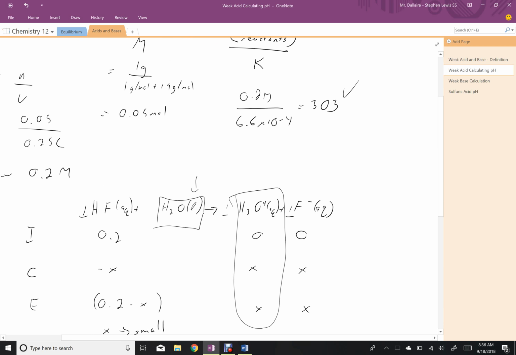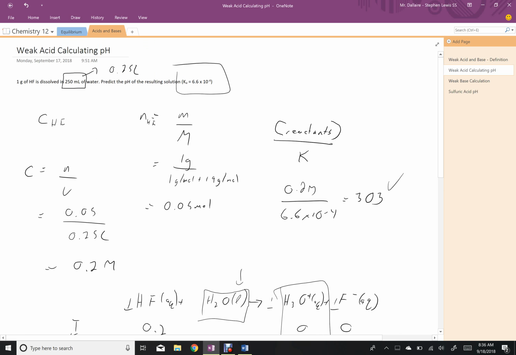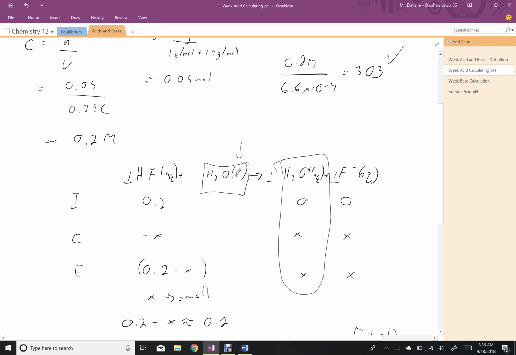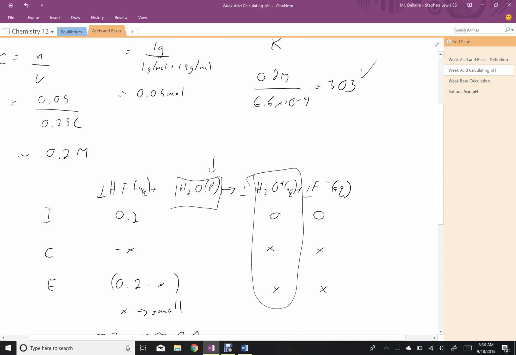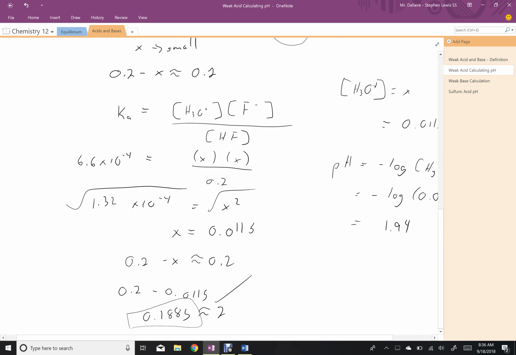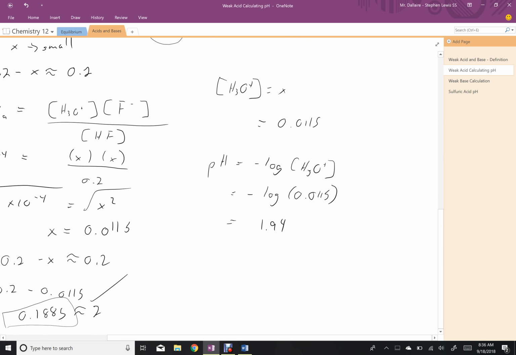So for a strong acid, we can just take all of what's dissolved and assume it all makes hydronium and it all shifts to the right. For a weak acid, we have to do the equilibrium situation, but we can use the same equilibrium calculations we've been working on for the whole last week to predict a concentration, then take our concentration over and work with it to find pH.